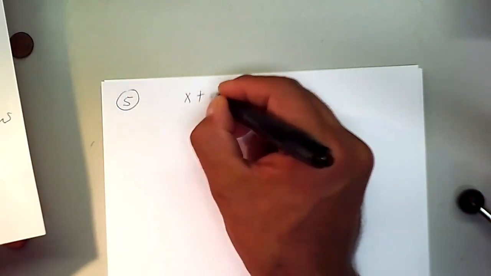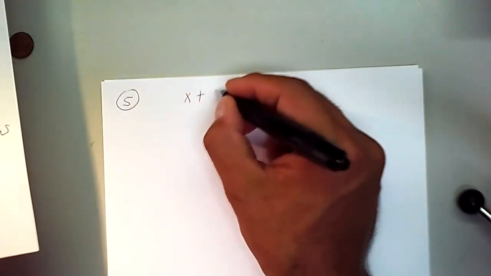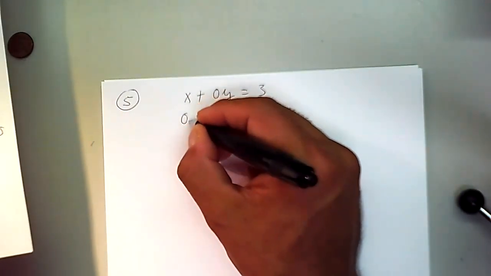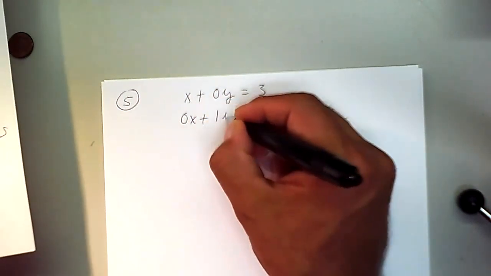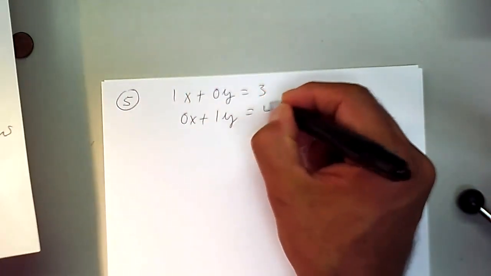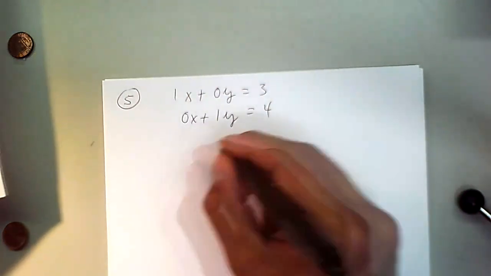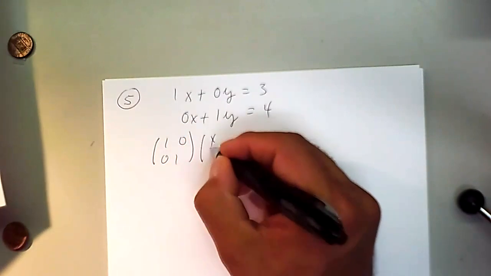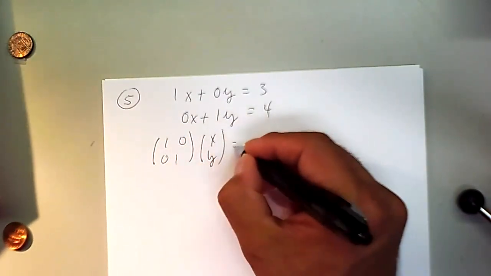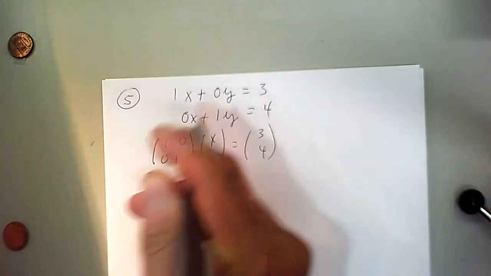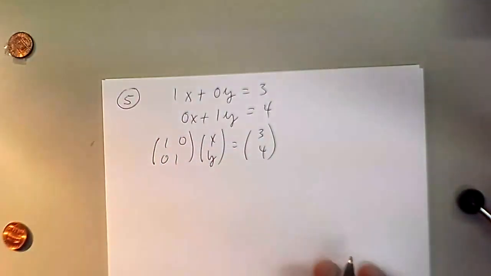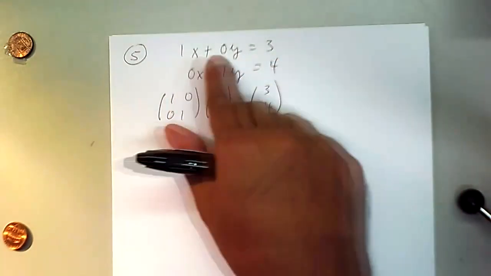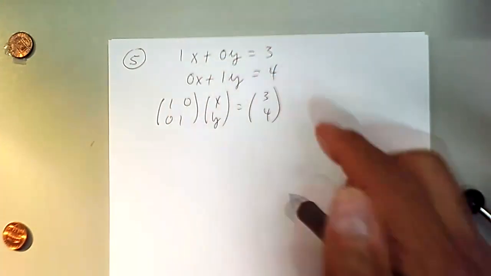So x plus 0y equals 3. 0x plus 1y equals 4, which can be written as 1, 0, 0, 1 times x, y equals 3, 4. Okay, so we can think of this as an x equals 3 line in 2 dimensions.